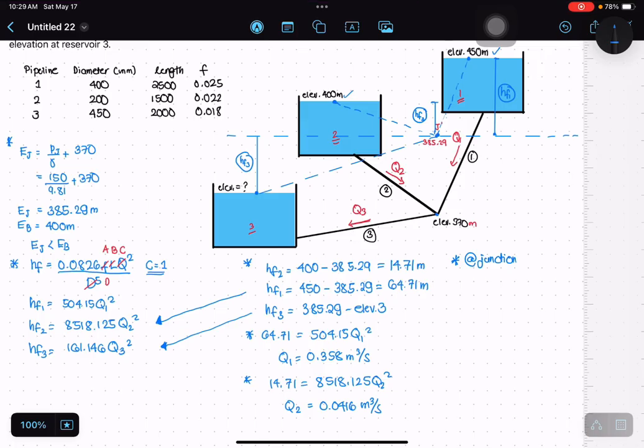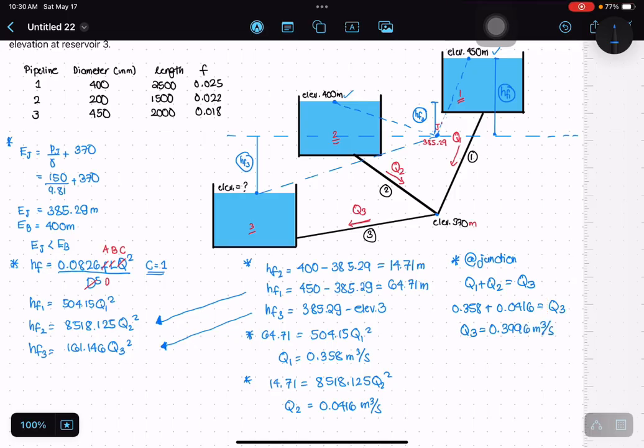At the junction, alam natin na papasok yung Q1 and Q2. So, Q1 plus Q2 equals sa palabas na Q3. Meron na tayong Q1 na 0.358 and Q2 na 0.0416. So, you will have Q3 equals 0.3996 cubic meter per second.